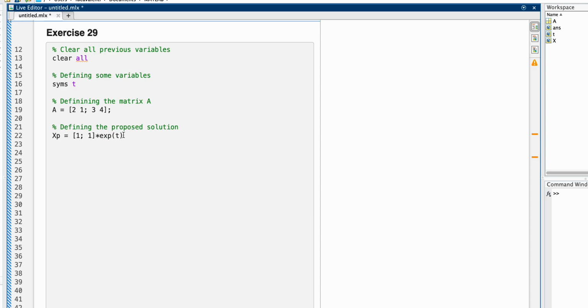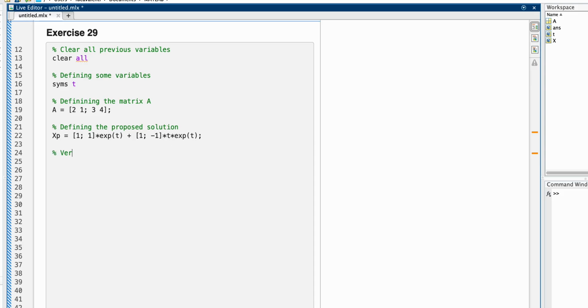This is a function that calls the value e. And now I'm also going to write 1 for the first row and negative 1, and I'm going to multiply this times t times the exponent of t. Again, I don't want this to output, so I put a semicolon at the end.